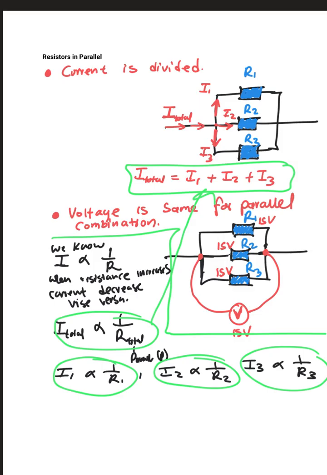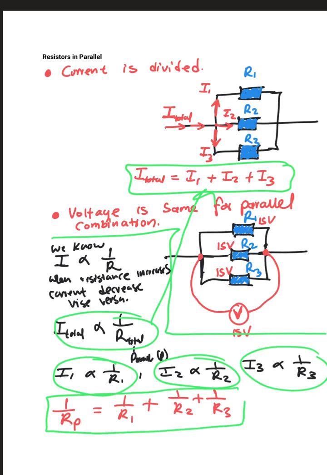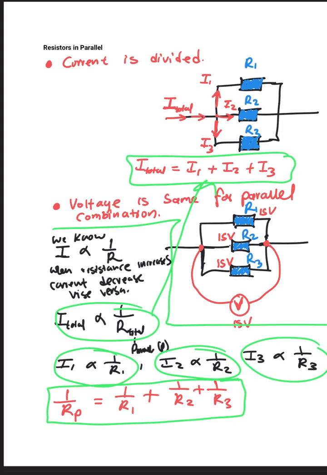So then I'll have 1 over RP equals, where I see I1, I'm going to replace it with 1 over R1, plus where I see I2, I'm going to replace it with 1 over R2, and where I see I3, I'm going to replace it with 1 over R3. And this is the formula that we use to calculate the total resistance in a parallel combination.